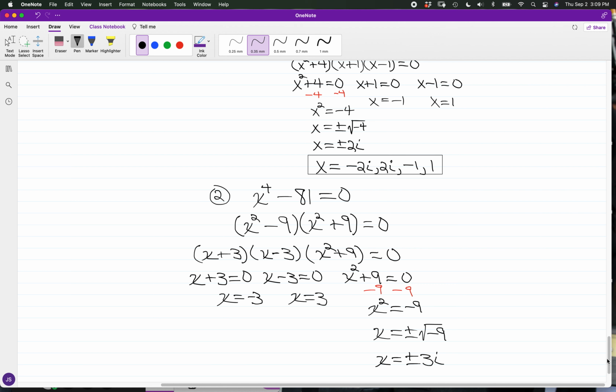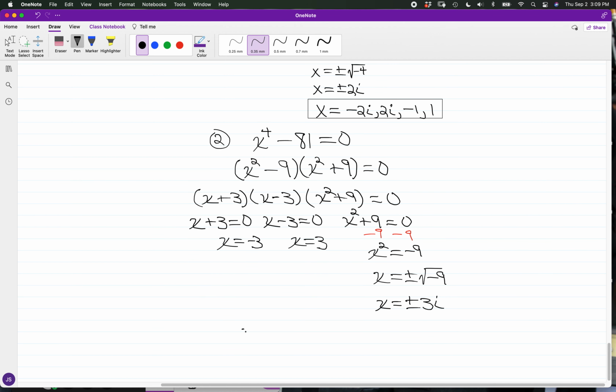So in this setup, it's not always as such necessarily, but I do have 4 solutions where I have 2 real numbers with negative and positive 3, and then we have the complex numbers with 3i and its additive inverse -3i.